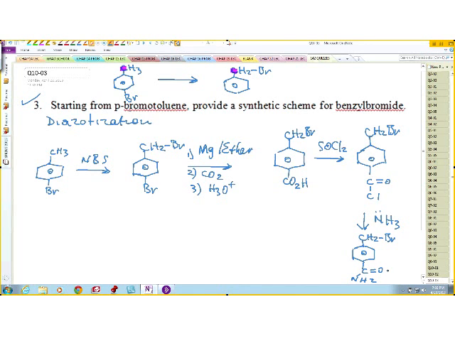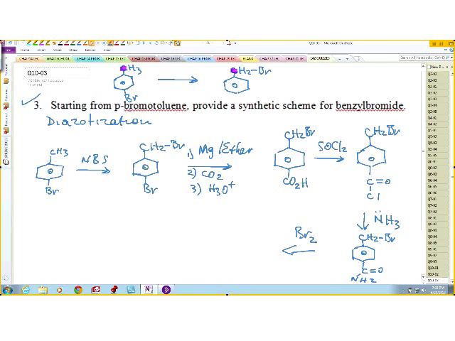Okay, now what do we have now? We have a primary amide, right? Okay, so now you form your primary amide, so what do you want to do now? Hofmann, exactly. Now you want to do your Hofmann, because that is how you're going to get to the diazonium ion, right?